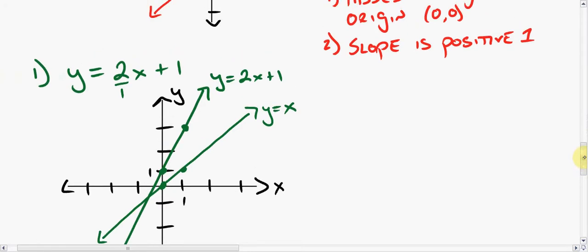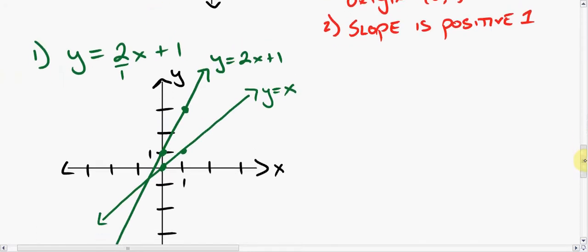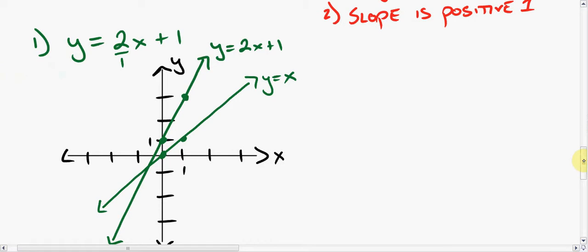Okay. Now the next thing we have to do is compare these two lines. We're going to write a couple of sentences. We're going to write one sentence comparing the y-intercepts, and then a second sentence comparing the slope of each line. So let's first look at the y-intercept. We can see the y-intercepts are different.